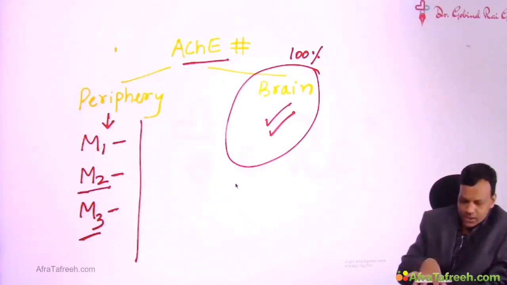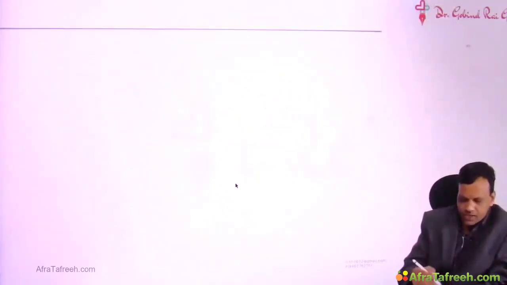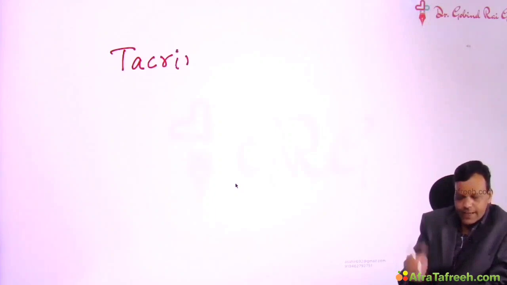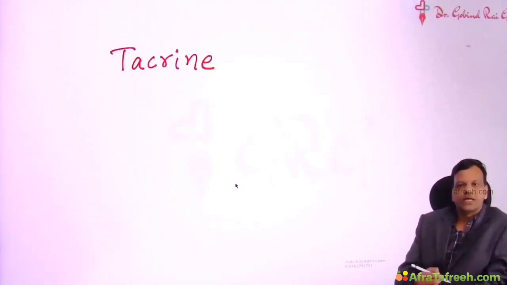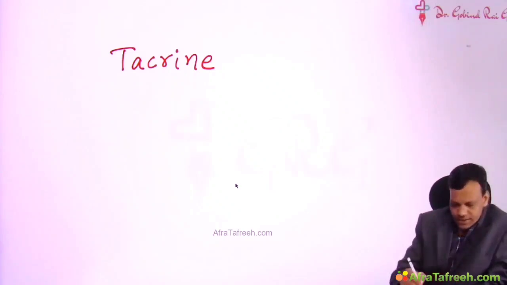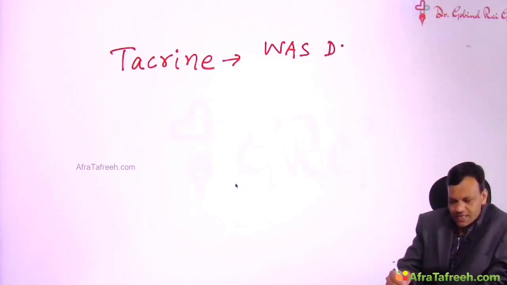We found such a drug, and that drug was tacrine. It is a lipid soluble acetylcholine esterase inhibitor, so it improves memory without causing peripheral side effects. Due to this reason, tacrine was the drug of choice for Alzheimer's disease for many years.